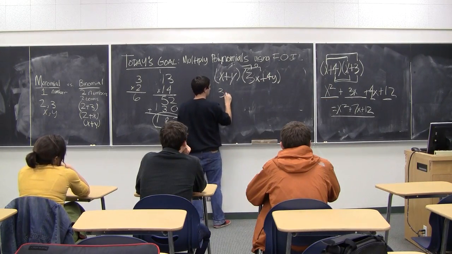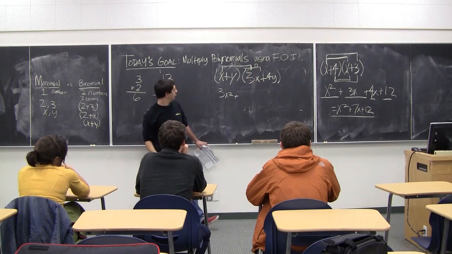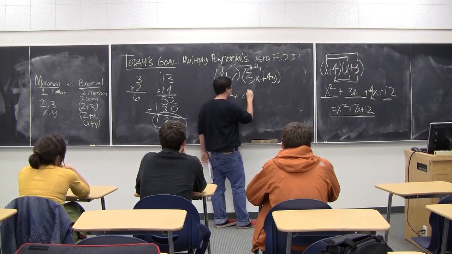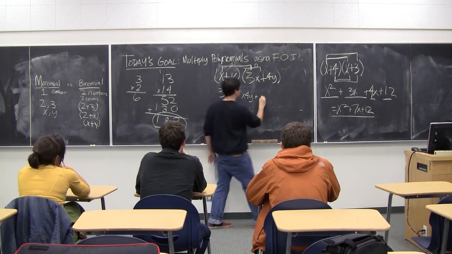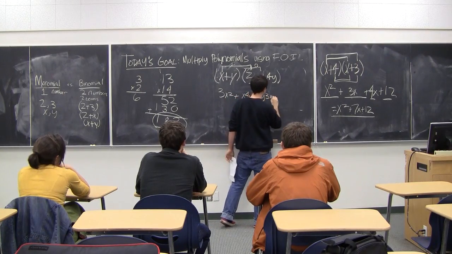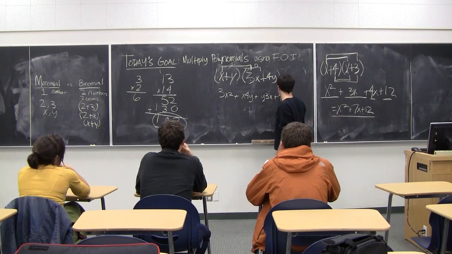Exactly. Next. x times 4y. Exactly. Next. y times 3x. Then the final will be y times 4y to get 4y squared.